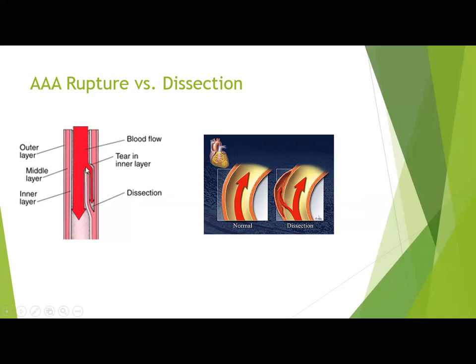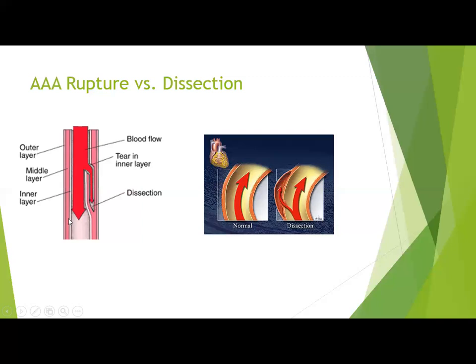So with a dissection, like it says right here, there's a tear in the inner layer. So within this layer and this layer of the artery wall, there's a tear and blood starts to leak in there. So it causes dissection, dissecting that wall.